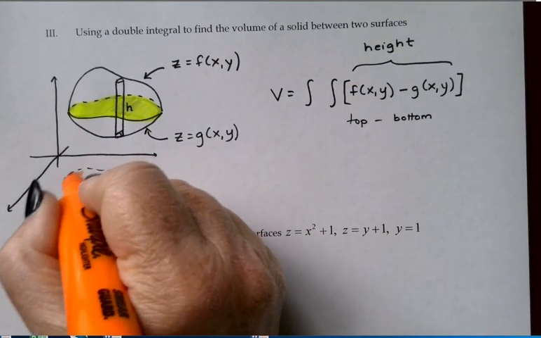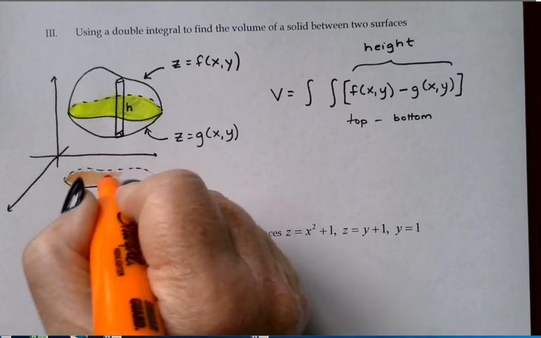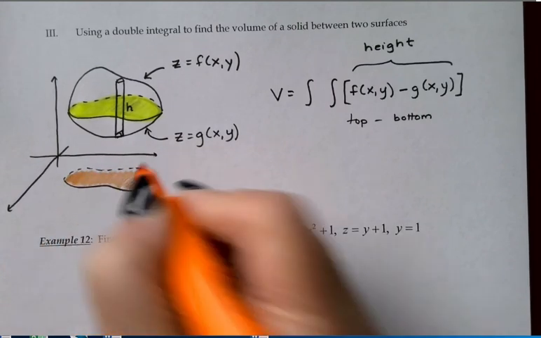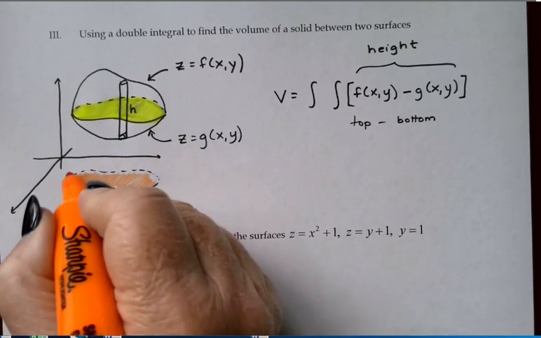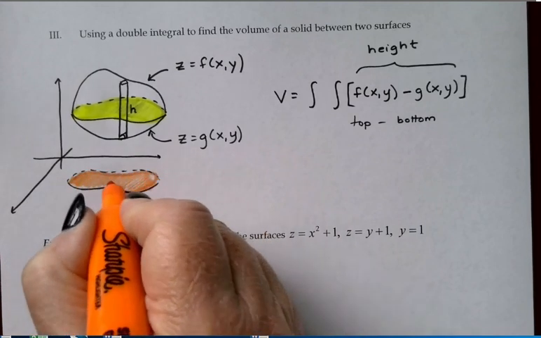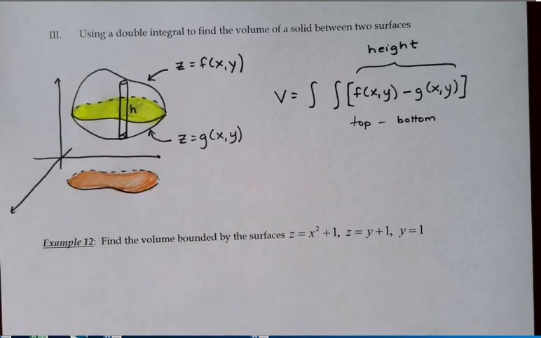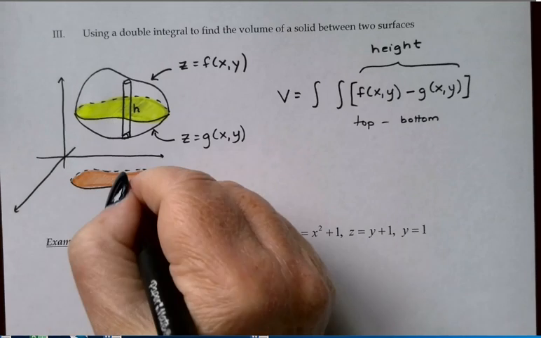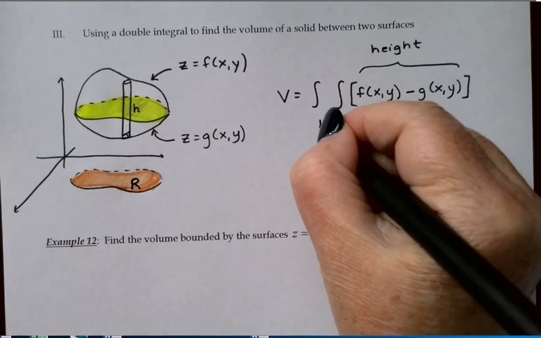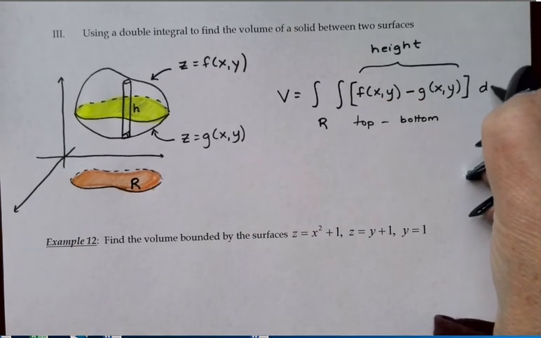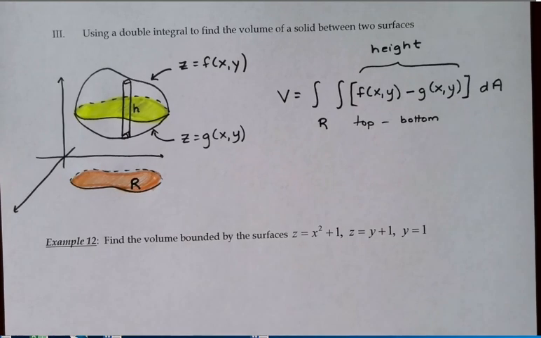That projection of the intersection into the xy plane is going to be your region R. And you're going to integrate over that region R, dA. Again, dx dy or dy dx, whatever works better for a particular situation.